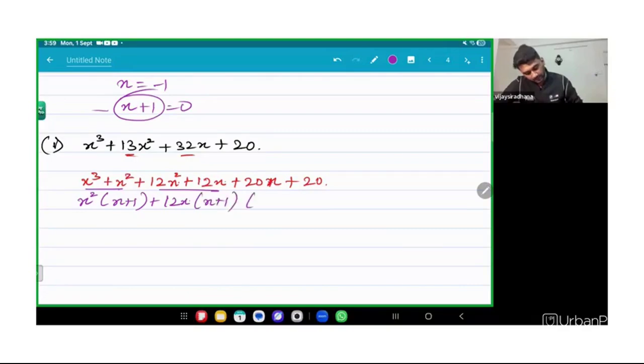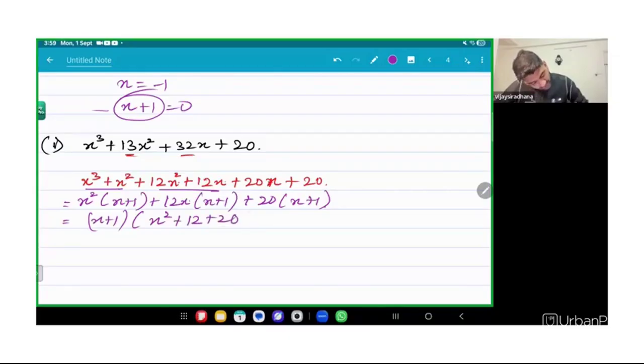So x plus 1 is common everywhere, and finally you are left with x square plus 12x plus 20.